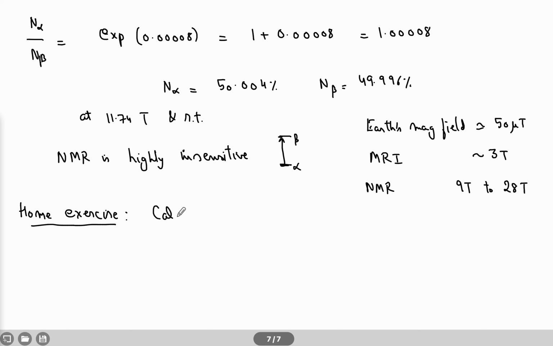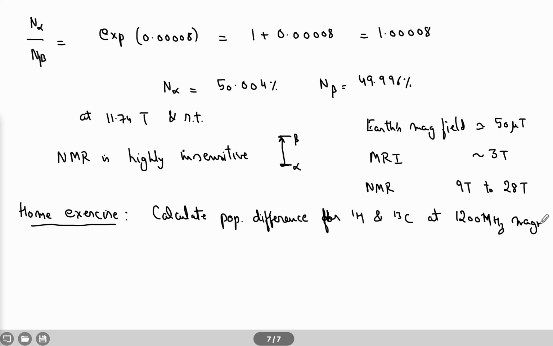Calculate the population difference for proton and 13C at a 1200 megahertz magnet.